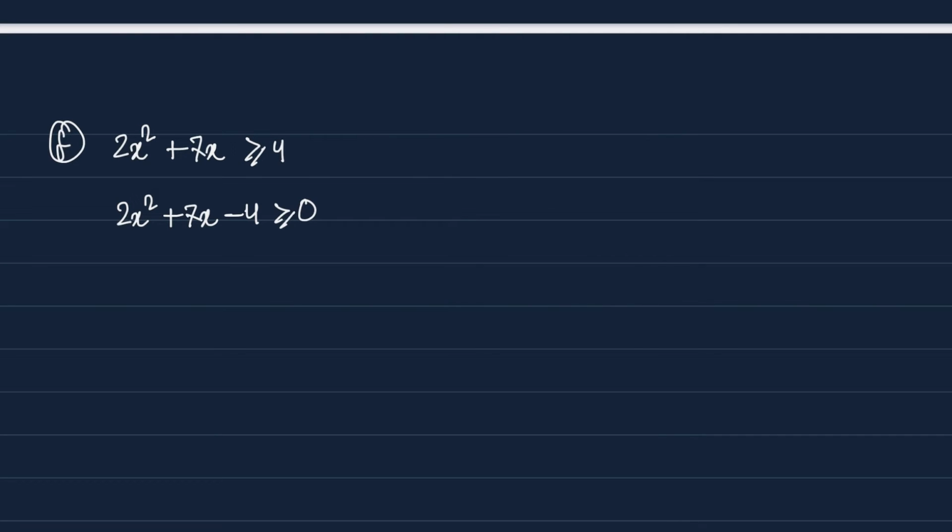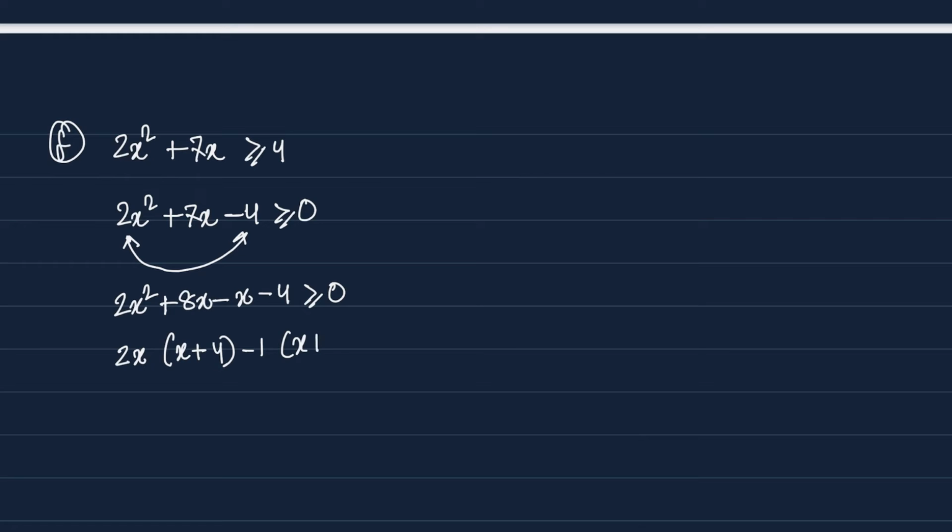Then we have to factorize it. We have to make -8. So 2x squared plus 8x minus x minus 4 is greater than or equal to 0. 2x times x plus 4, -1 times x plus 4 is greater than or equal to 0. So x plus 4, 2x minus 1 is greater than or equal to 0.